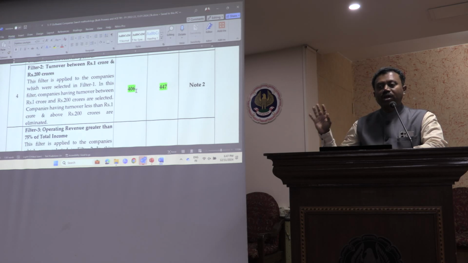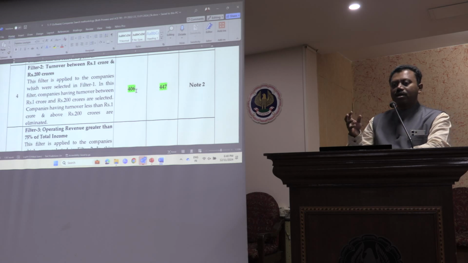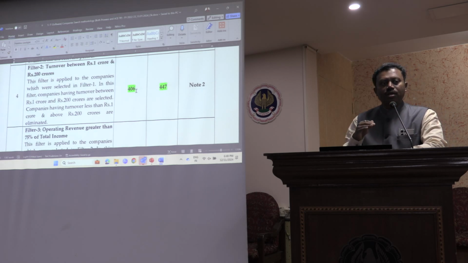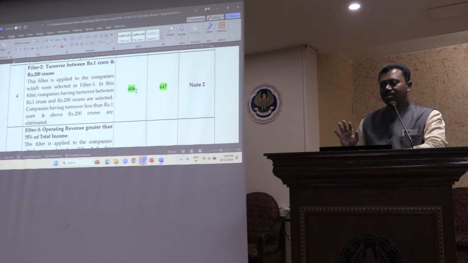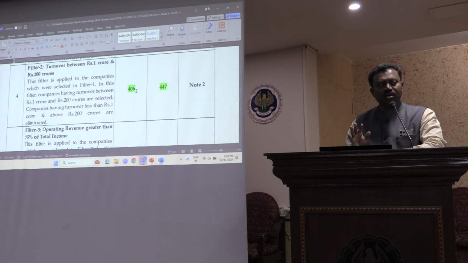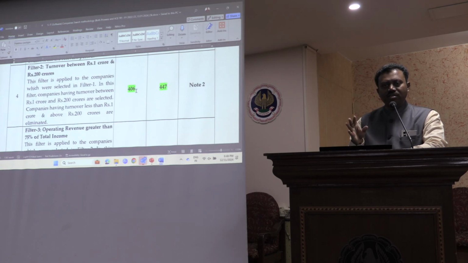So we have said that companies from 1 to 200 crores are selected. And why is that? Because the turnover of the company that I am doing the analysis for, even if I multiply the turnover by 10 times, is a number less than 200. So all the companies beyond 200 I have left. There are several case laws on the turnover filter, including various scales and all that.